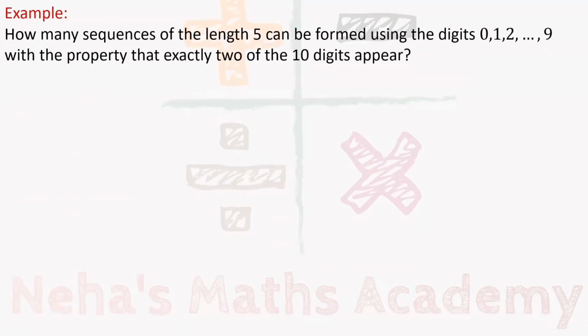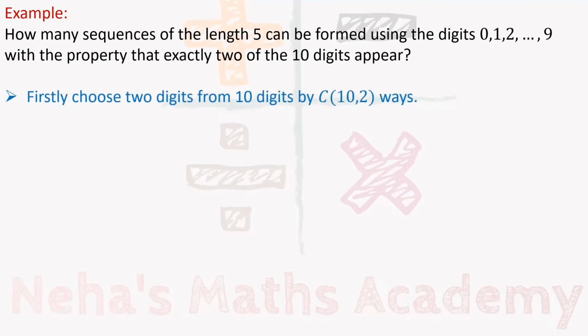Our next example is, how many sequences of length 5 can be formed using the digits 0 to 9 with the property that exactly 2 of the 10 digits appear? We want exactly 2 of the 10 digits, meaning either 1 5 or 2 7. Any two numbers can appear in that length 5 sequence.